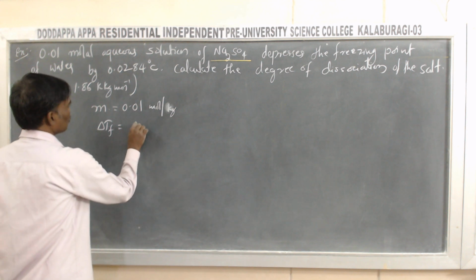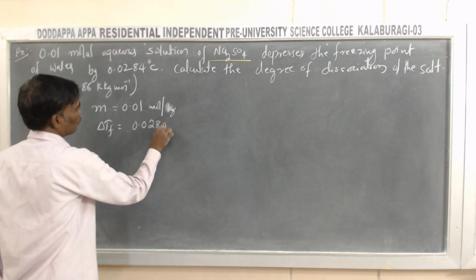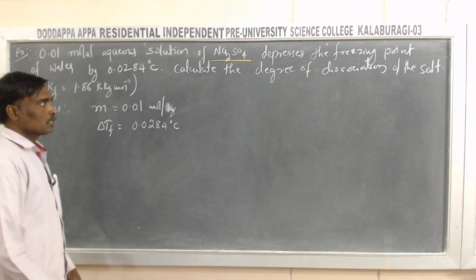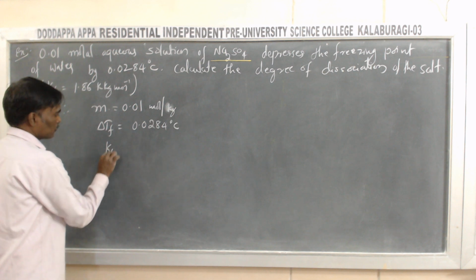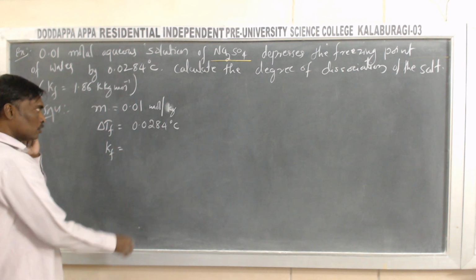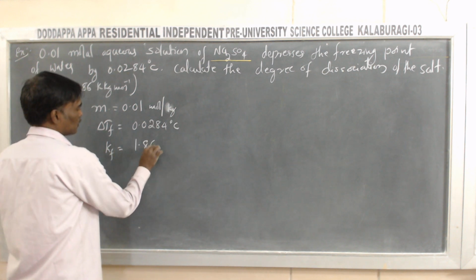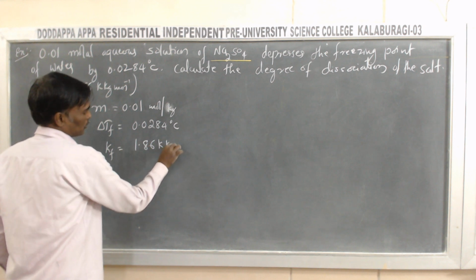Its value is 0.0284 degrees Celsius. Then the Kf of water, the molal depression constant of water, is 1.86 Kelvin kg per mole.